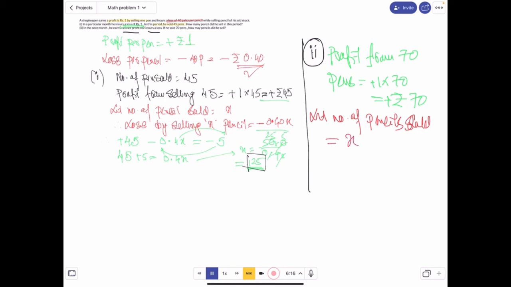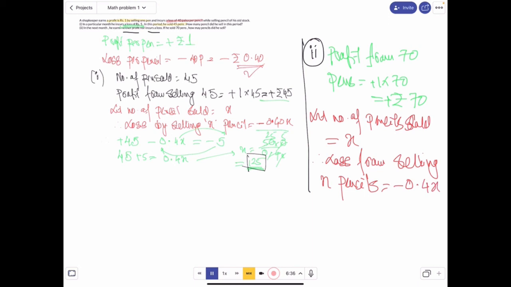Therefore, loss from selling x pencils is equal to minus 0.4x, right?